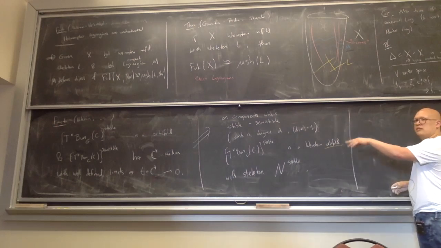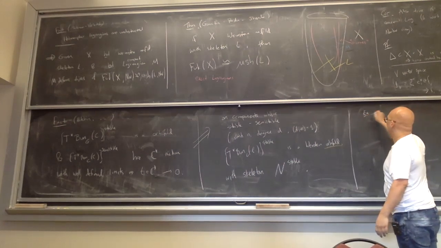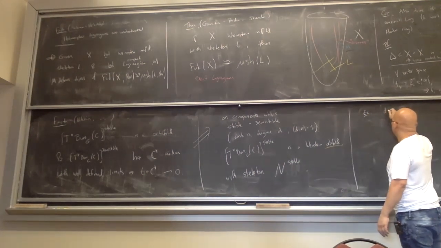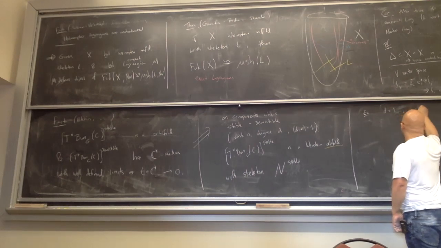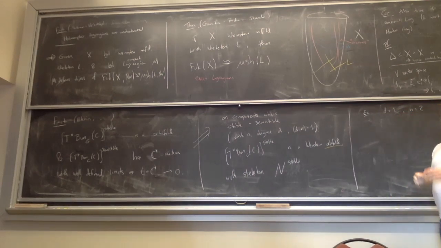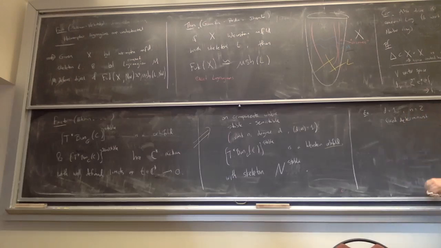Maybe at the end I'll mention the simplest explicit example. Maybe I'll just mention it now. So example, D equals 1, n equals 2. And rather than discuss all bundles of degree 1, I'll fix the determinant to be some particular line bundle.